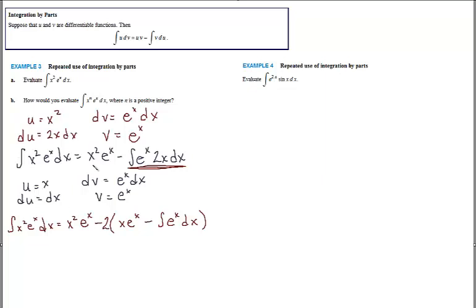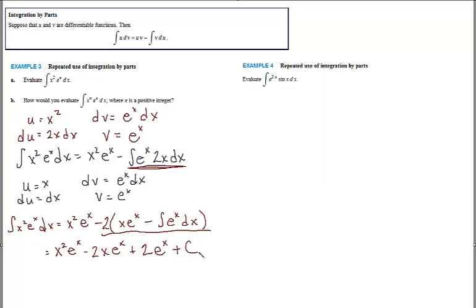Alright, I just rewrote all of this out again, and the only thing I'm really doing is just this thing right here. The rest of this is already rolling like it needs to be. So I'm going to have minus 2x e to the x, and then this is going to be plus 2 e to the x plus c.